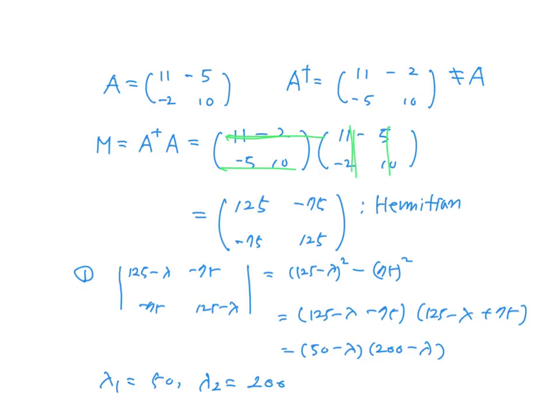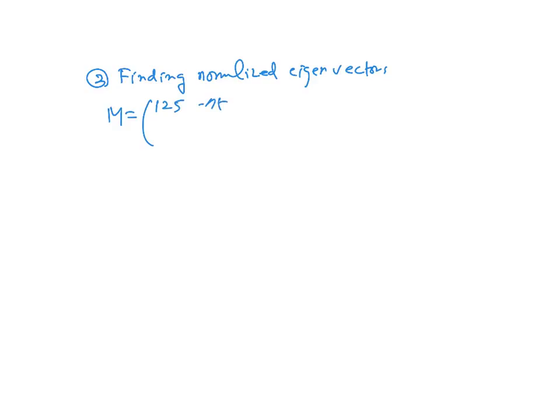Eigenvectors. M is (125, minus 75; minus 75, 125).